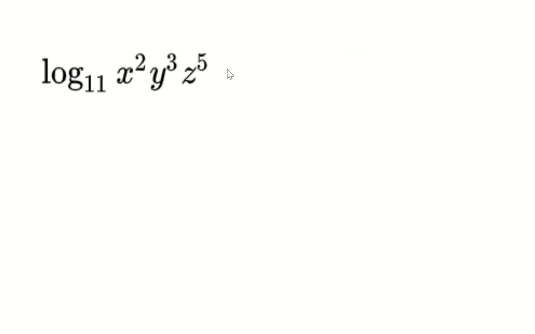And then last but not least, this is really like the first one I just did. Because these are all being multiplied, we're multiplying three different things here, x squared times y to the third times z to the fifth. We're going to separate this all with addition.